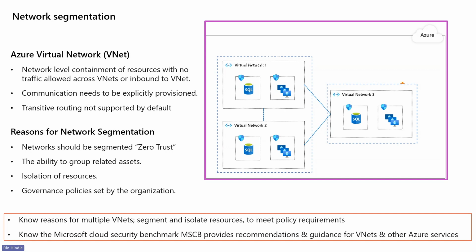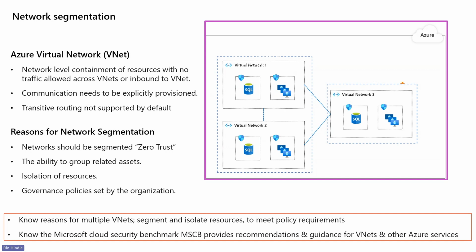The key takeaway from this, from an exam perspective, is questions around the reasons for multiple VNets, why you may need to segment and isolate resources, and primarily it's to meet policy requirements.